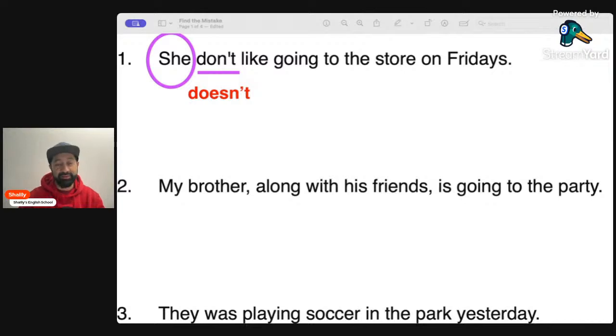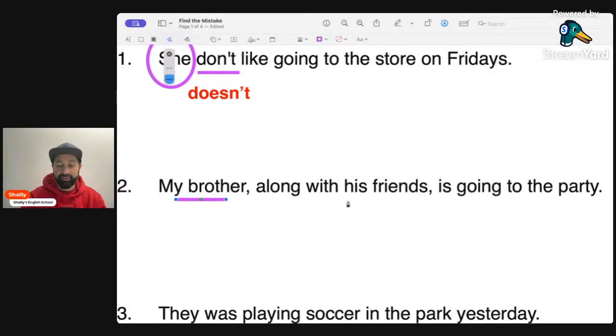So number 2 says, my brother, along with his friends, is going to the party. Now, this is a subject and verb mistake here. We have 2 subjects, and let's underline the subjects for everybody here. We've got my brother, and then we've got his friends.